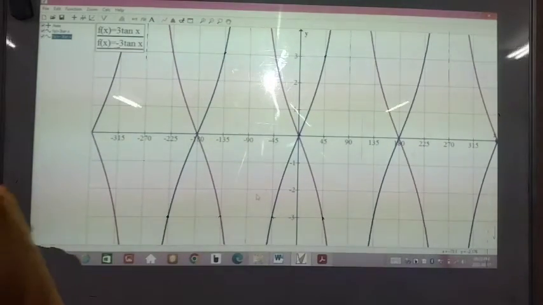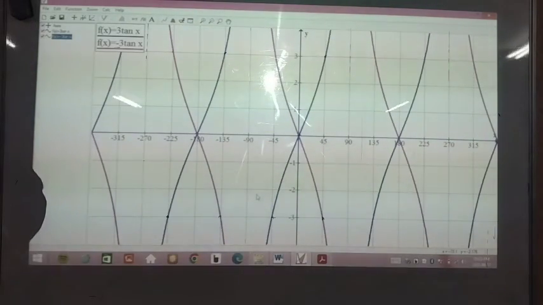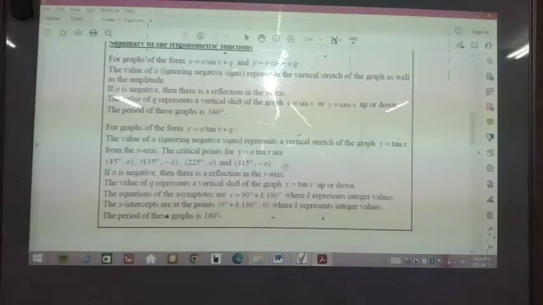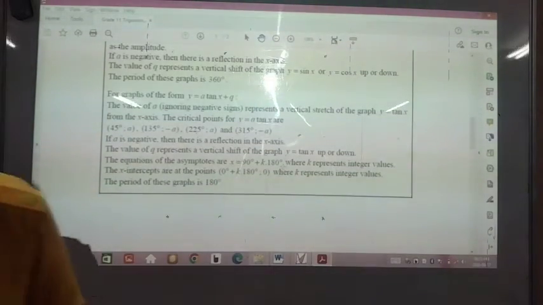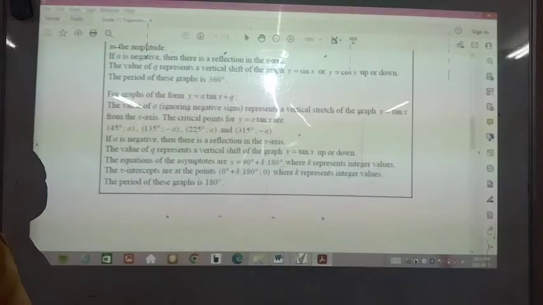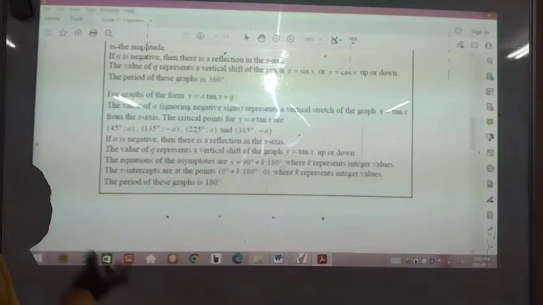Alright, then after that you also went on to introduce q in grade 10. And q is the vertical shift of the graphs. You notice that when q is positive, the graph is shifted up.